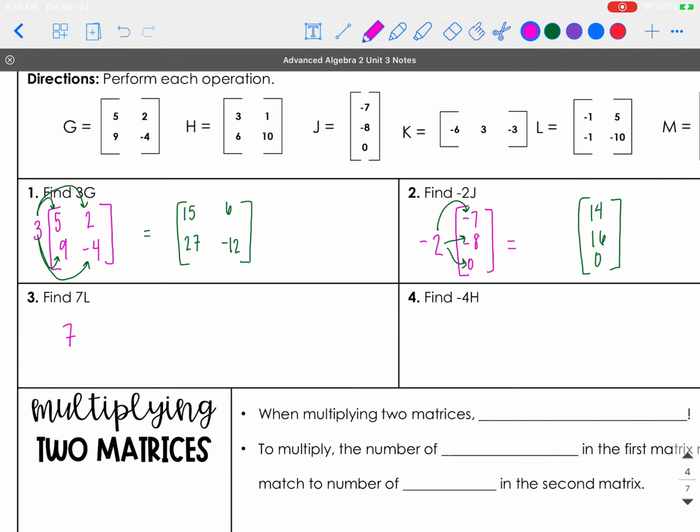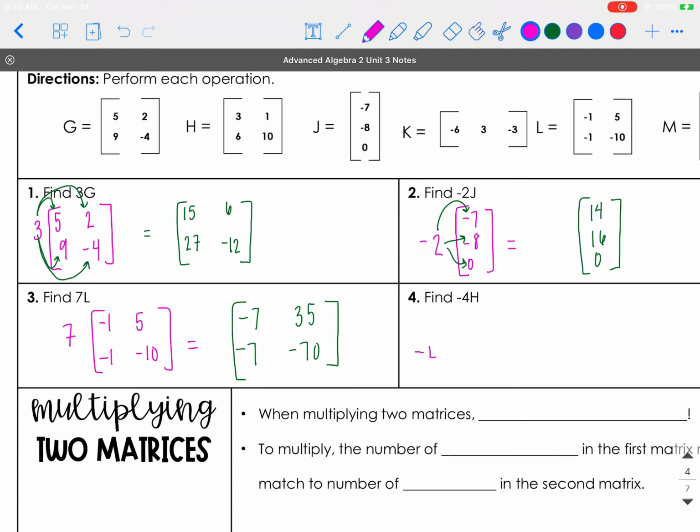7L. So 7 times -1, we get -7, 35, -7, and -70.